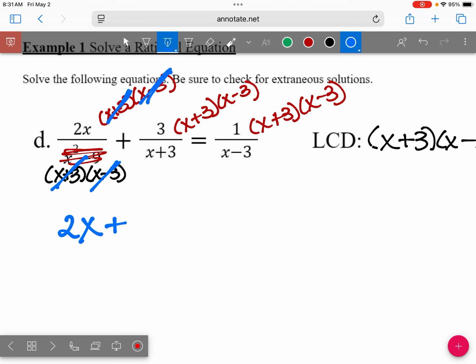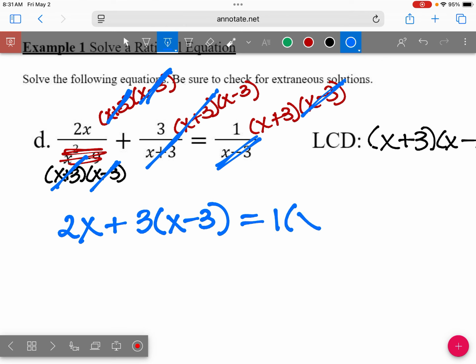On the second fraction, just the x plus 3 clears. So then that leaves me with 3 times x minus 3. And on the last fraction, x minus 3 clears. So that would be 1 times x plus 3. All right, go ahead and distribute and distribute.